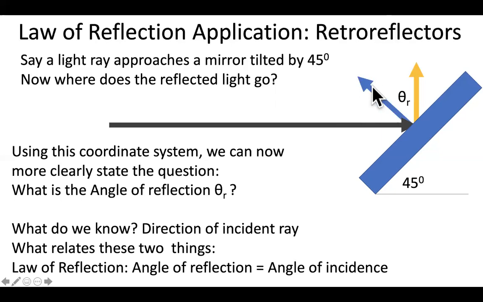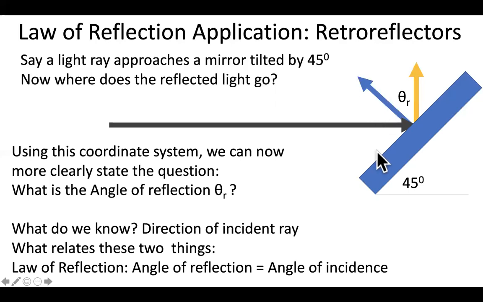And figuring out what that is, given information in a problem, is an exercise in geometry. That is sometimes hard to write out, but you can try to do it systematically. Again, we're hoping to use this rule, angle of incidence equals angle of reflection. But to use that rule, we have to figure out what the angle of incidence actually is.